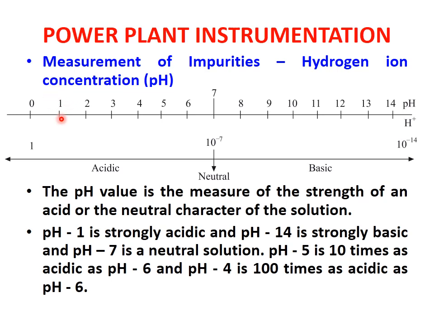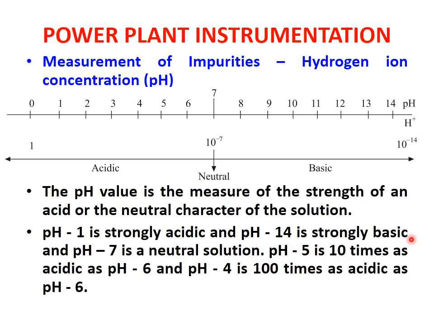So pH 1 means a strongly acidic solution of that particular water, and if the pH value is 14, then the solution is strongly basic. pH 7, as we have seen, is a neutral solution.